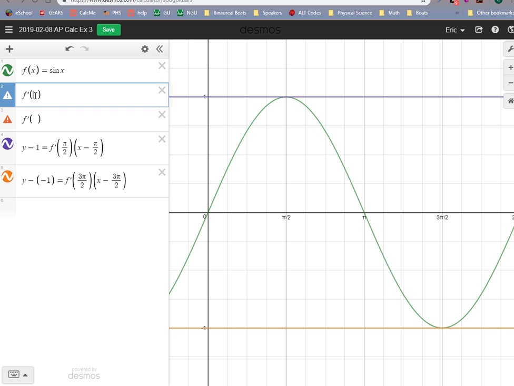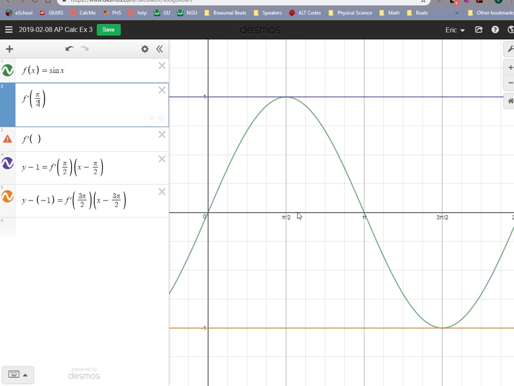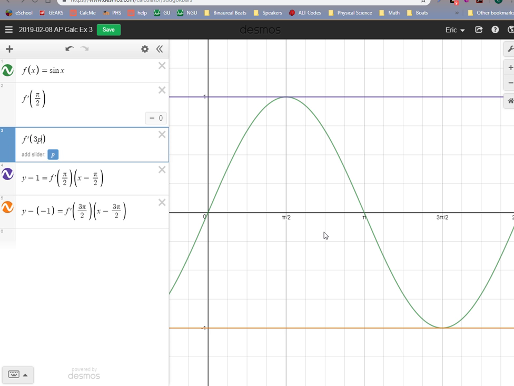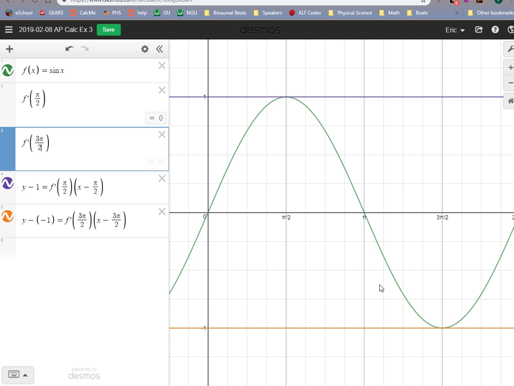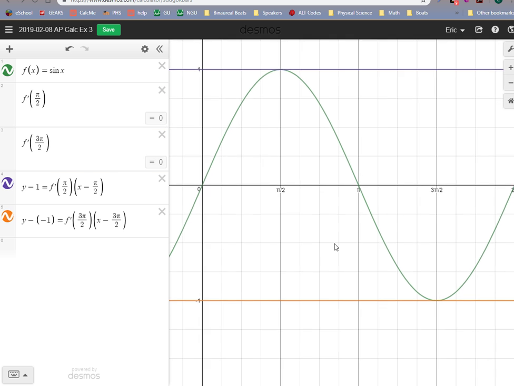If I evaluate the derivative at pi halves, I should get 0, shouldn't I? Right? And if I evaluate it at 3 halves pi, I also get 0. Okay? So let's capture those. I'll take a picture for our notes.